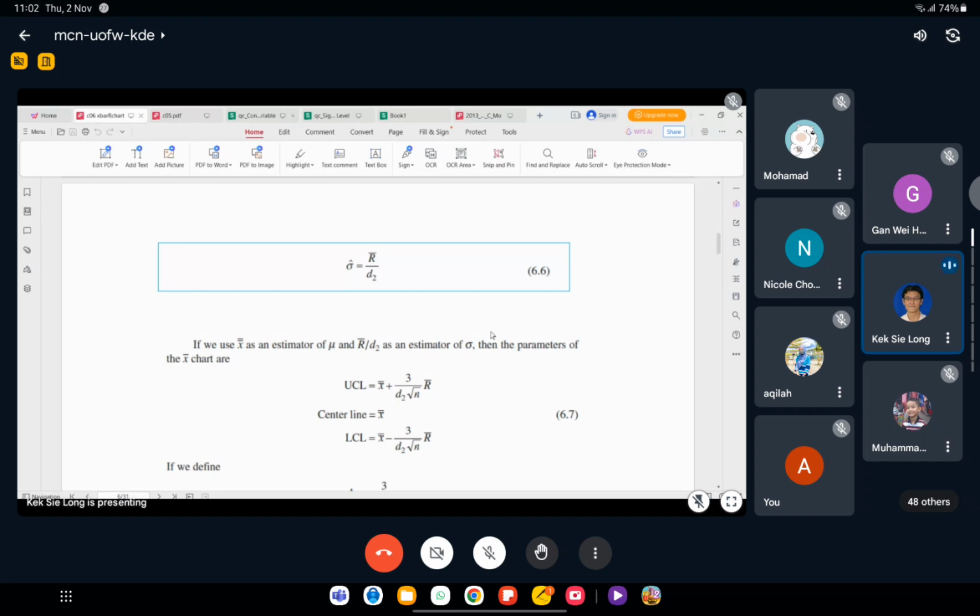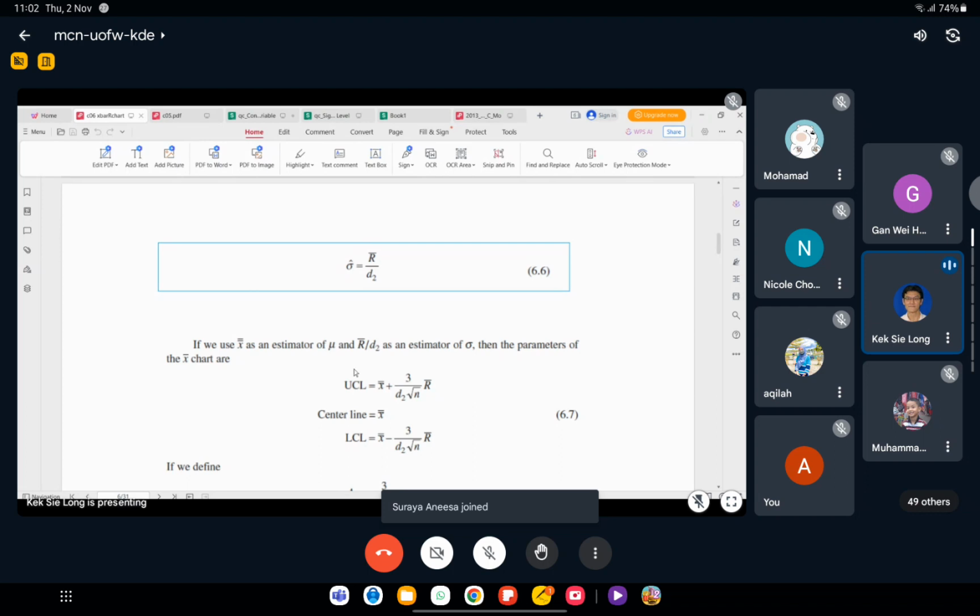So not necessarily in the x bar chart, also in the R chart and the S chart. Either we set the parameters of the R chart, the parameters of the S chart, or the parameters of the control chart. So this word parameter refers to these three items: UCL, center line, LCL.